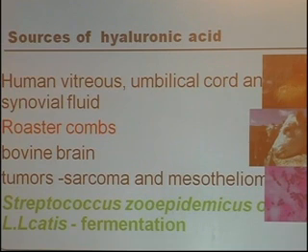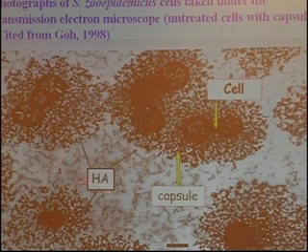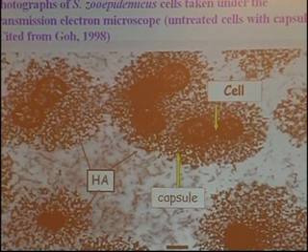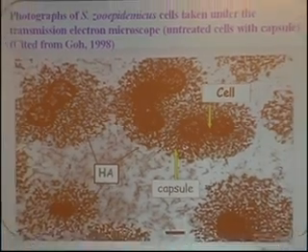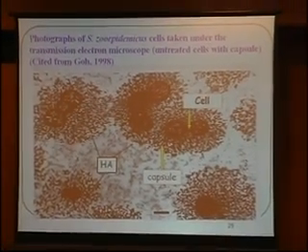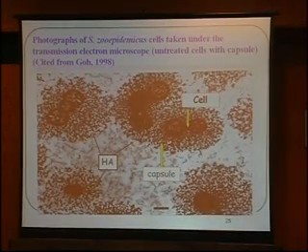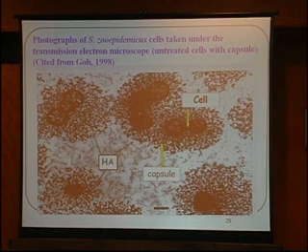Also, you need to purify it to get it for medical application. You can see this hyaluronic acid is produced by the microorganism as a capsular material. Okay. These are the cells, and they have a protective layer of this hyaluronic acid. Why these cells produce the hyaluronic acid is because when they invade a foreign organism or foreign system, they want to protect themselves against the immunity proteins, right?